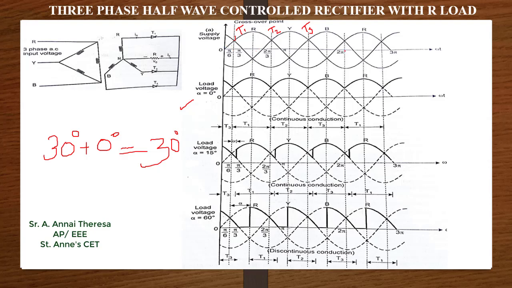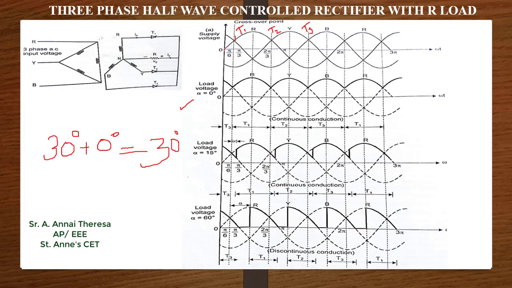This is the input voltage, that is, the supply voltage waveform. How to draw this three-phase waveform, I will show you in a separate video. This is the R phase and this is Y. All phases are phase shifted by 120 degrees.